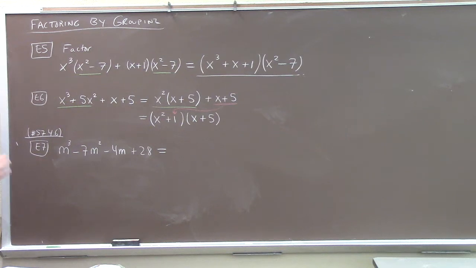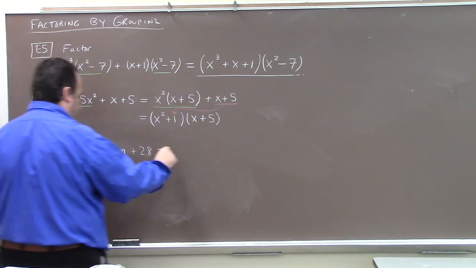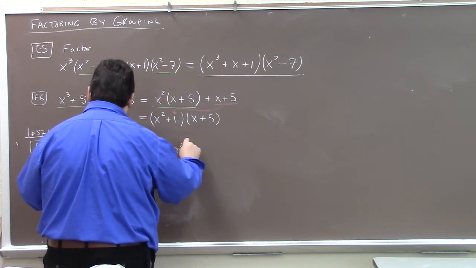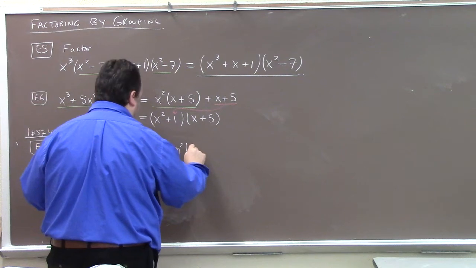Okay, so what do you think about this one? The first two pieces, I can factor m squared out of them. I've got m squared times m minus 7.